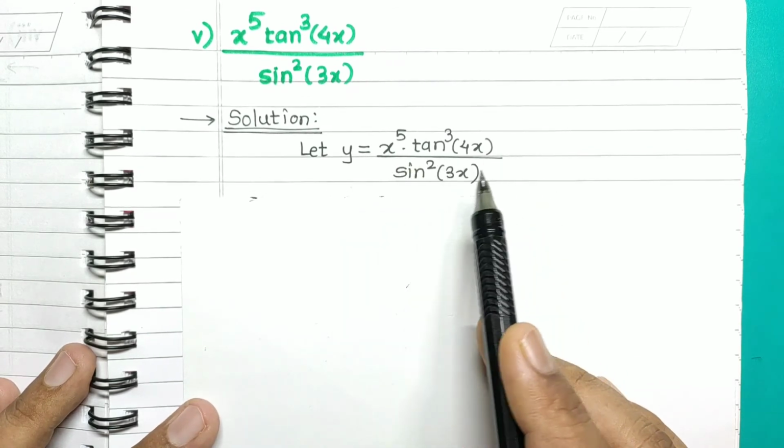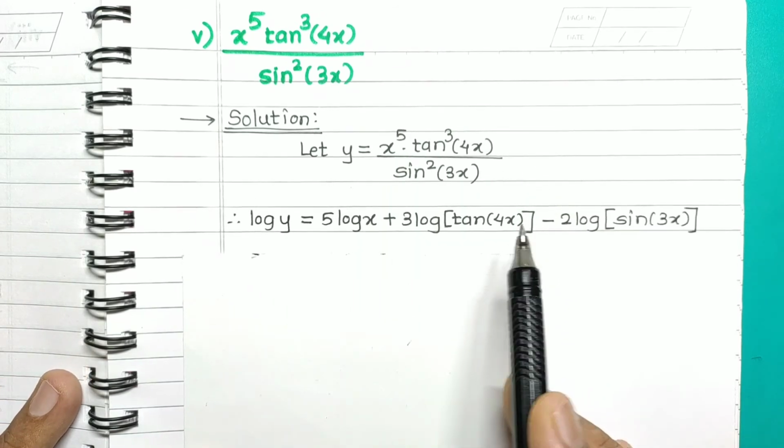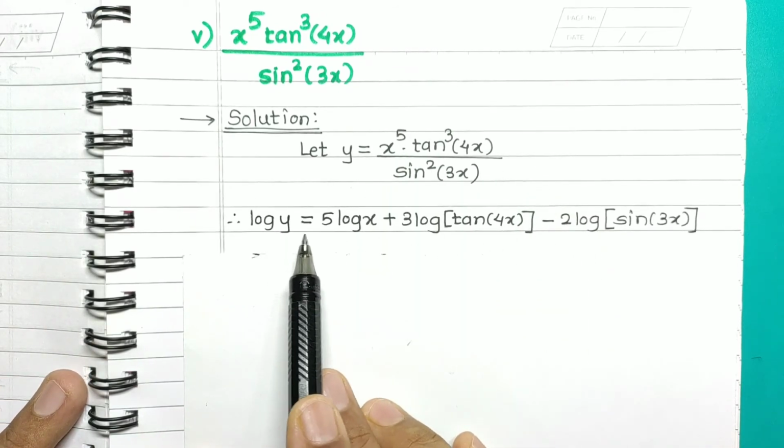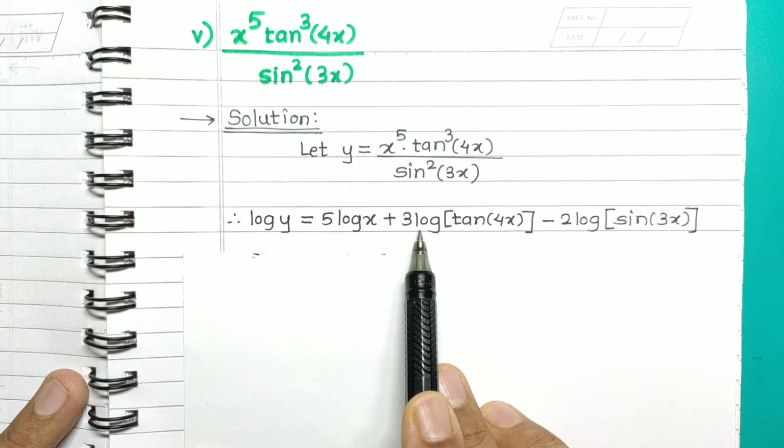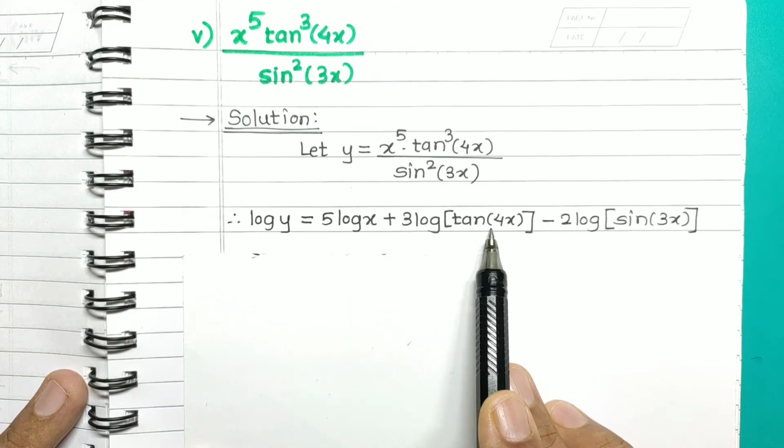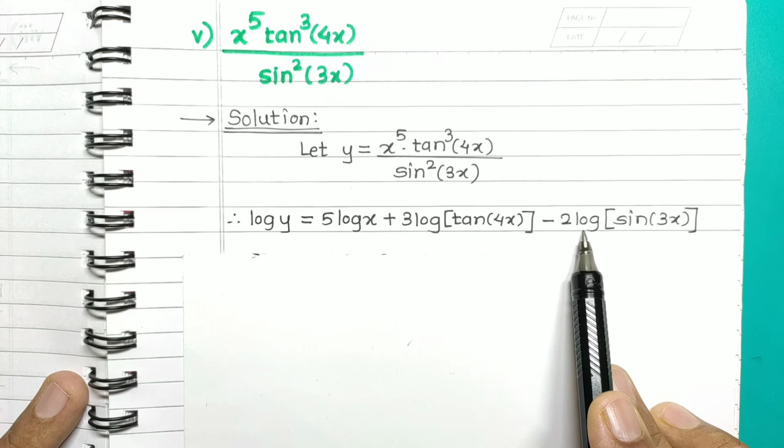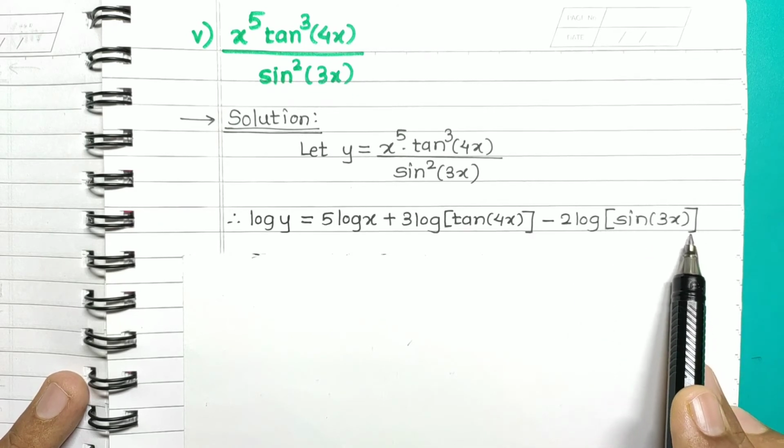Taking logarithm of both sides, you will reach this step: log y is equal to 5 log x plus 3 into log of tan of 4x minus 2 into log of sine of 3x.